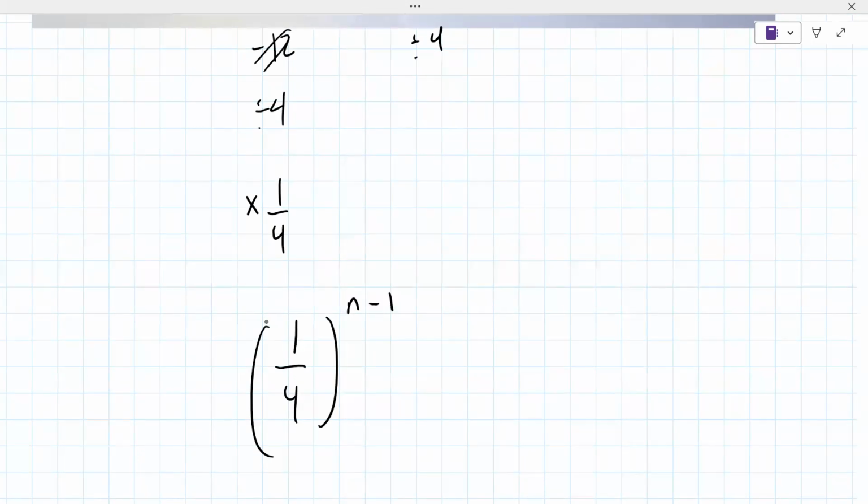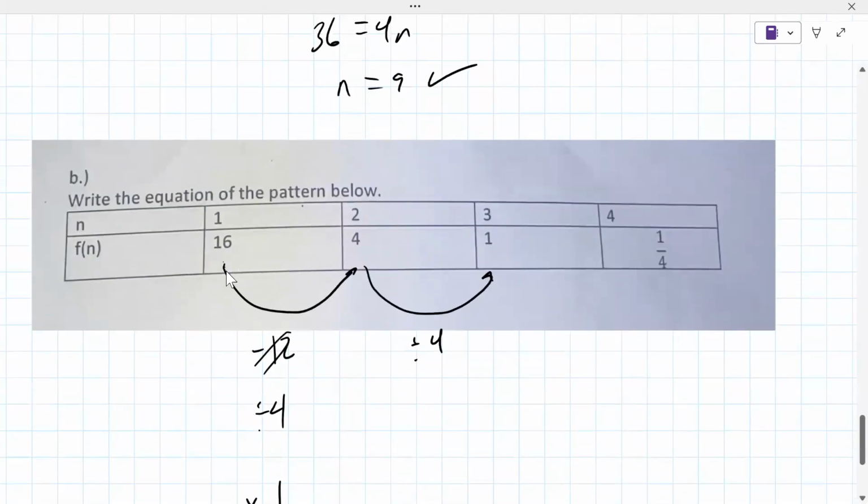Did you subtract 1 from the exponent? I don't want to go against what you're doing in class. There are two ways to do it. Let's make it to the power of n, that's easier.